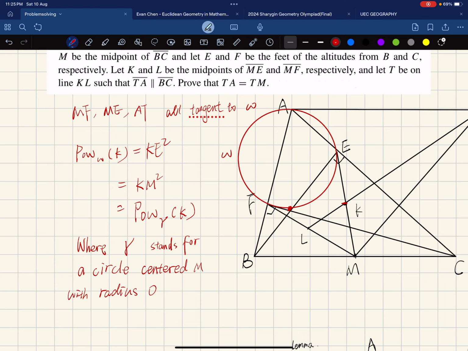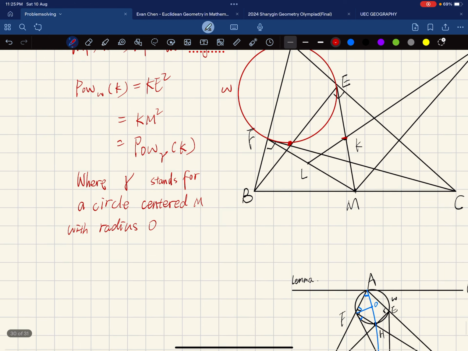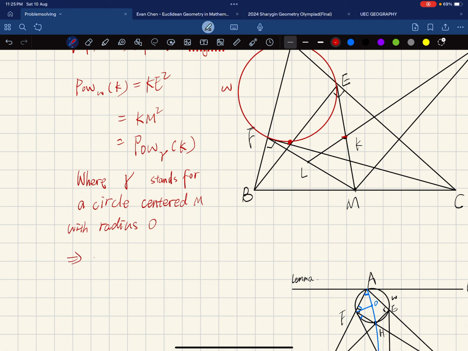And then we know that K lies on the radical axis of omega and gamma.